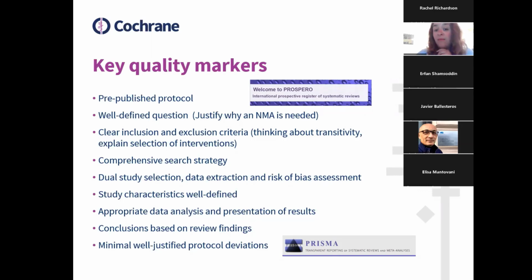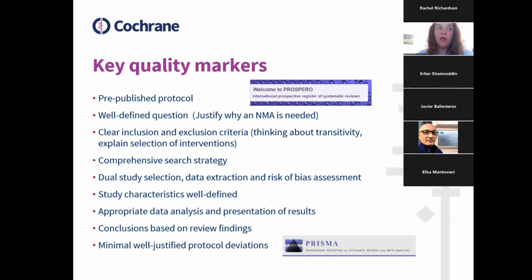think about the assumptions for network meta-analysis, including transitivity. So that's just making sure that in theory, the participants could have been randomized to any of the different interventions included in the review, and also how similar the different interventions are.